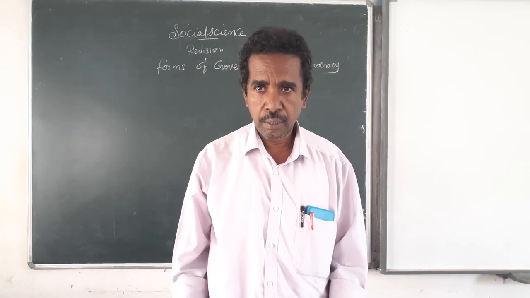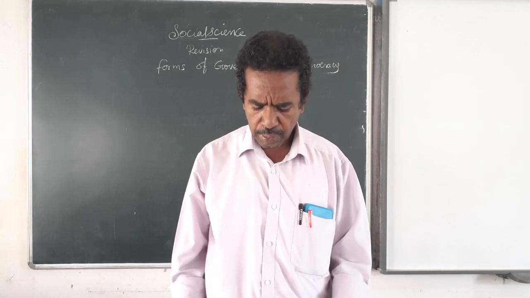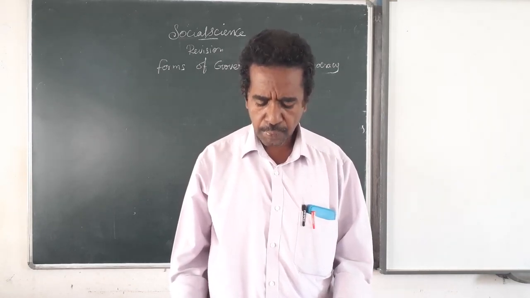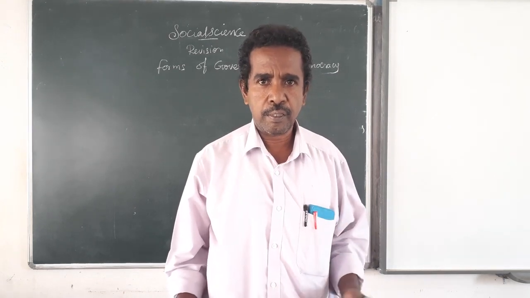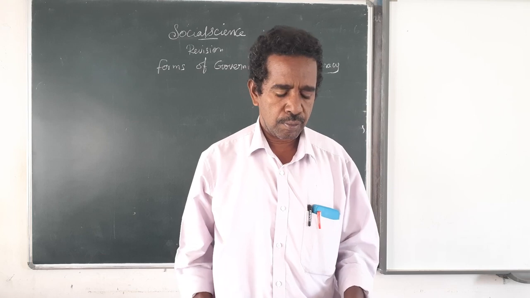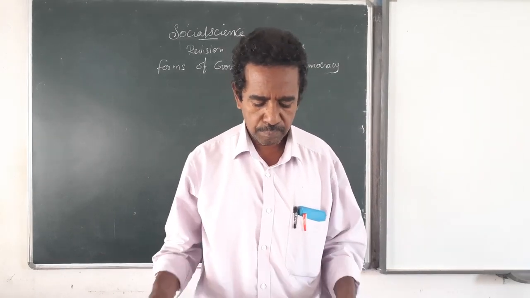Abraham Lincoln, one of the presidents of the USA, defined democracy as a government of the people, by the people and for the people. As it is, you have to write the definition of Abraham Lincoln, it should not be changed.